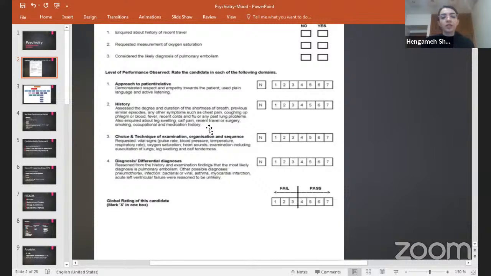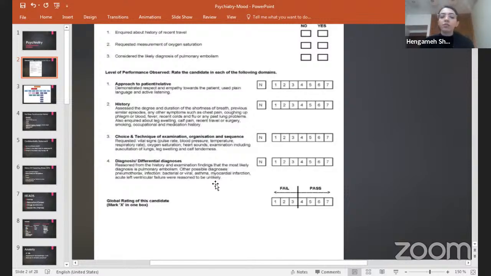So these are the factors that increase our mark in the history area. We'll get to the choice and technique if we get to discuss any physical exam cases, so we'll skip it for now. And then finally, we get to the diagnosis and differential domain.